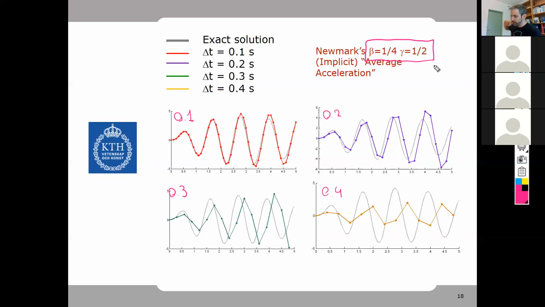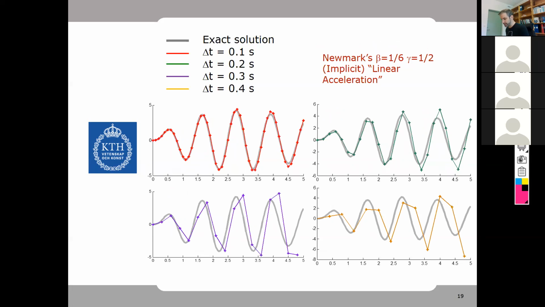And as I told you, these two, the beta and gamma, we can play with them a little bit. If I choose some different value for them, as in this picture, again, this is Newmark's method, which is implicit, but now I'm using a slightly different beta. Gamma is still the same.